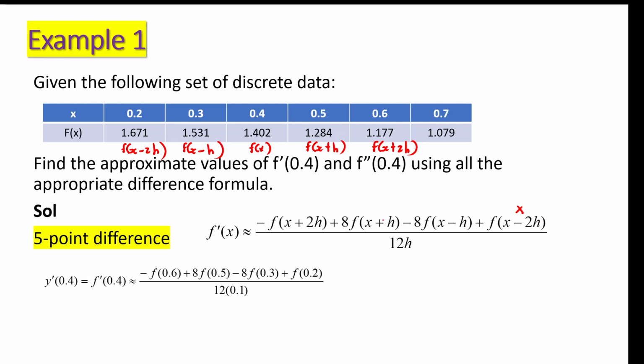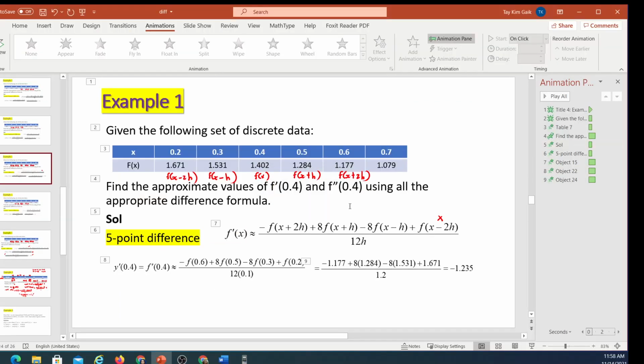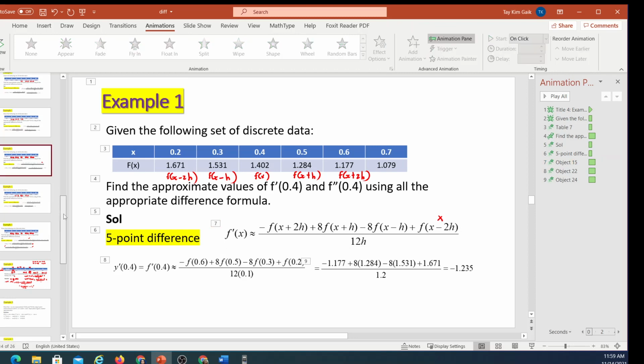We have the f(t plus h), f(t plus 2h), f(t minus h), but we don't have the point t minus 2h, because the t is actually just now 2. Look, this is a 5-point difference formula.